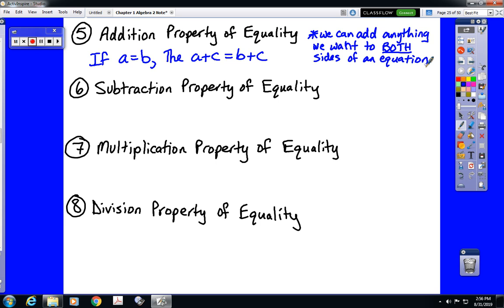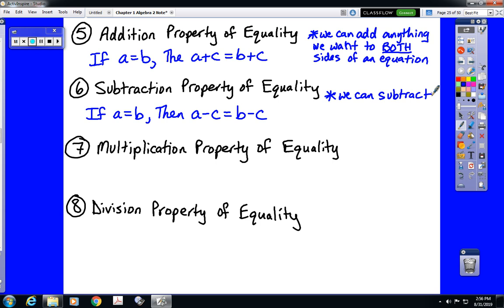going to play out. The subtraction property starts off the same way, if A equals B, but instead of adding, we state that we are allowed to subtract C from either side. In other words, we are also able to subtract anything we want from both sides of an equation.